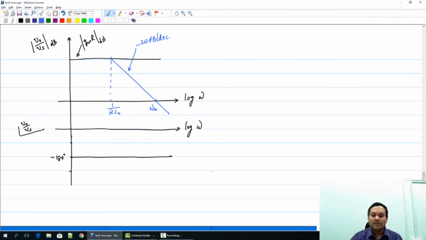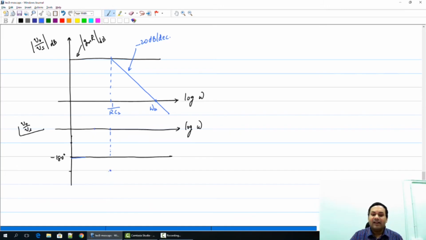What about the phase response? Now it turns out that in this particular circuit, at low frequencies the phase is still minus 180 degrees. So the circuit starts off at minus 180 degrees, but as we know, a little bit before it hits the pole at 1 over RC2, the phase starts to degrade, starts to reduce further, and that starts happening at approximately 1/10 of this frequency.